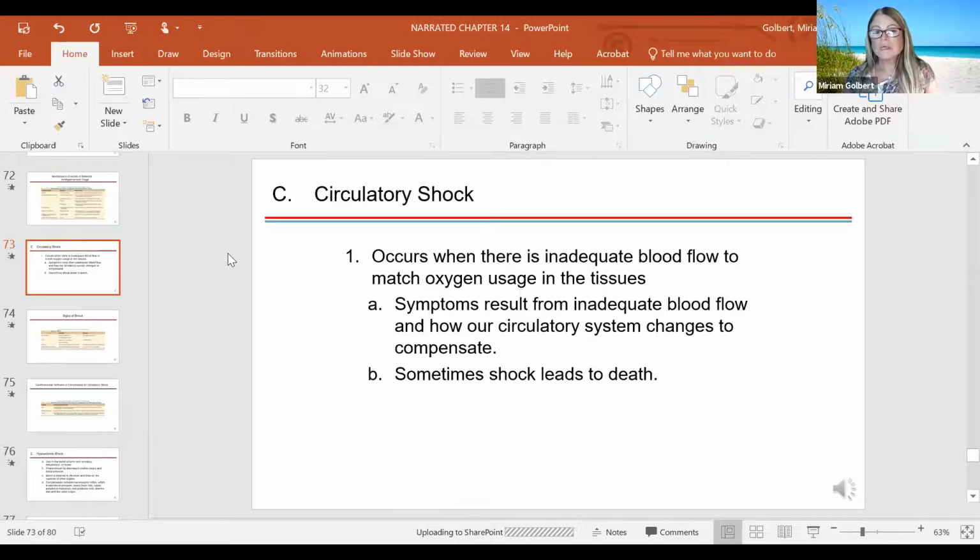The minute that happens, the heart will start to compensate, always compensate. But sometimes the heart will overdo it and that can lead to death anyway.